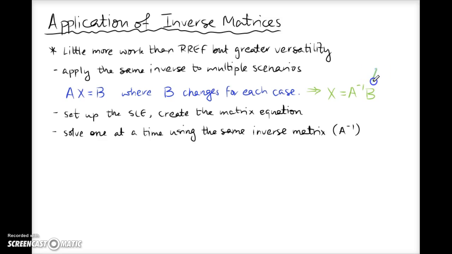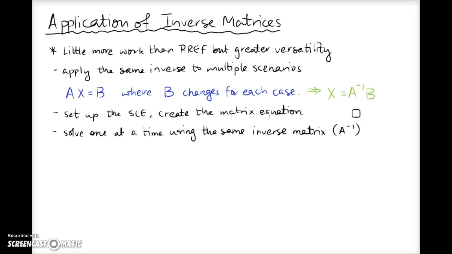I change out my B matrix each time, which then gives me a new variable set in terms of values. So instead of having to do reduced row echelon form, for example, 6 times, I only have to do this matrix inverse once and change that B out 6 times, and just get a whole new set of results over and over and over again.